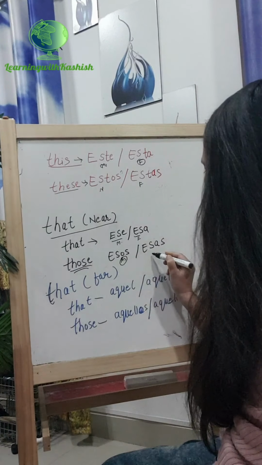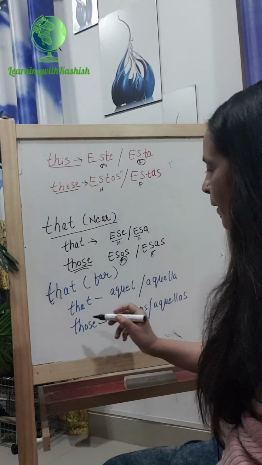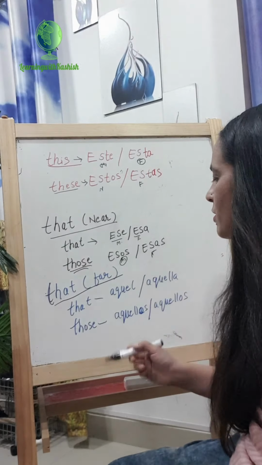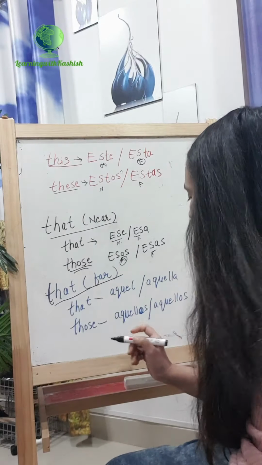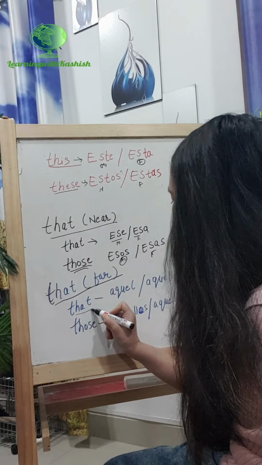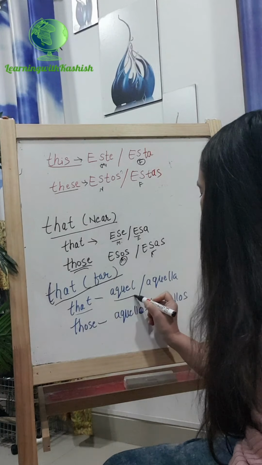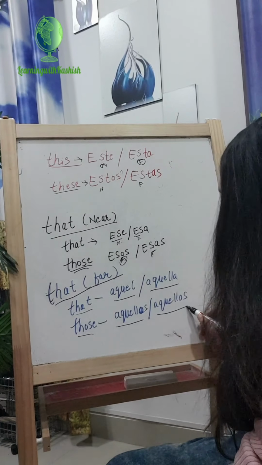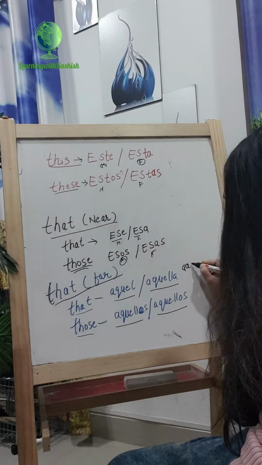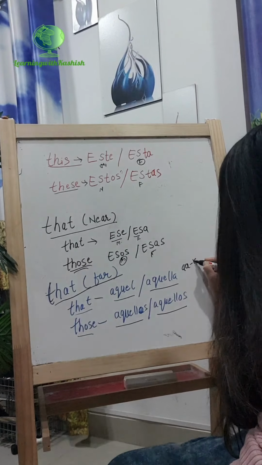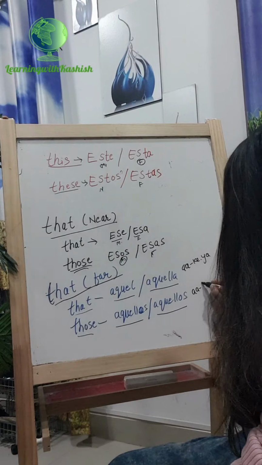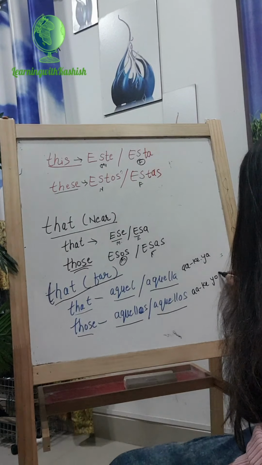Then that which is far away, for example, if we are talking about some far away country or something which is not near to us, then that will be aquel, aquella. Those will be aquellos, aquellas.